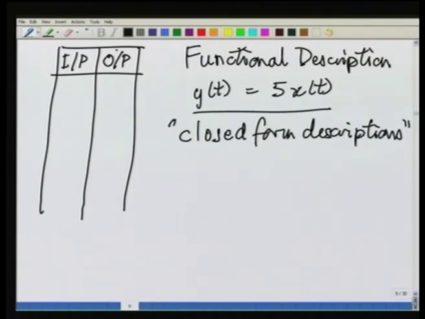Another example of a closed form description of a system, suppose I take a discrete example this time and say y[n] equals x[n minus 1].